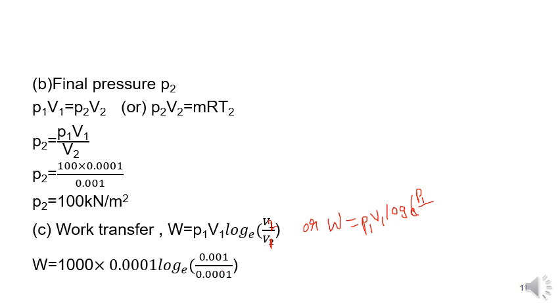So by using this formula also we can calculate the work done during the isothermal process, because we know P1 and P2 also. So using the pressure formula or the volume formula we get the same answer, 0.2303.